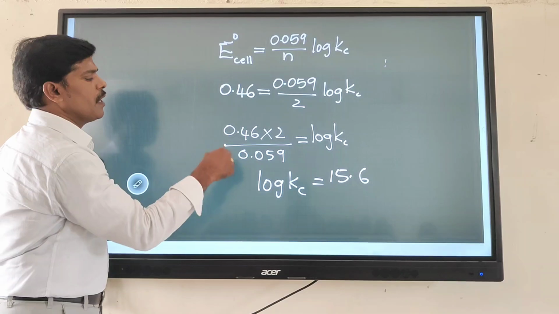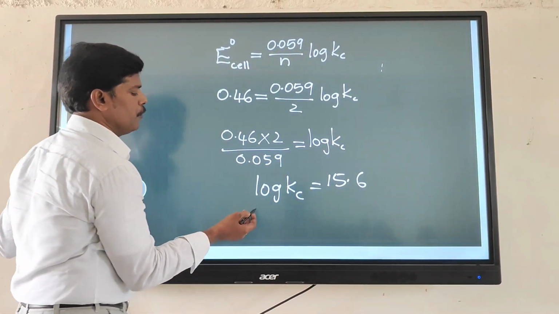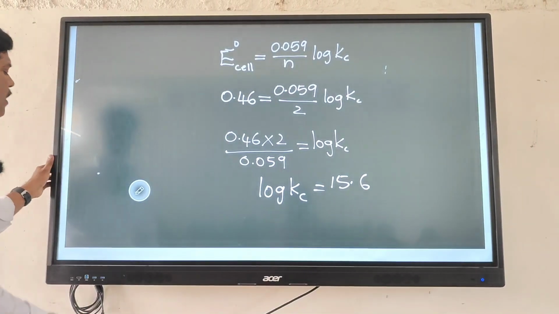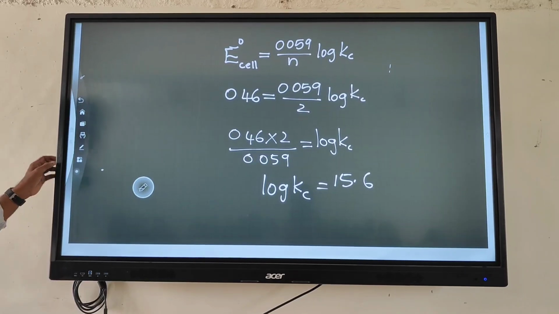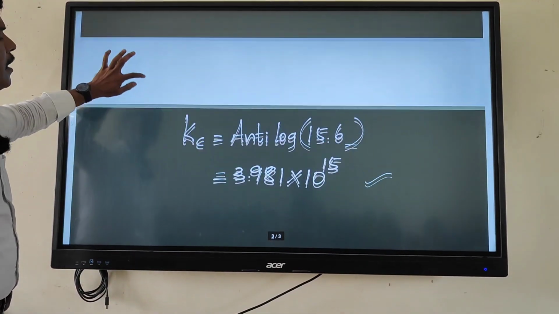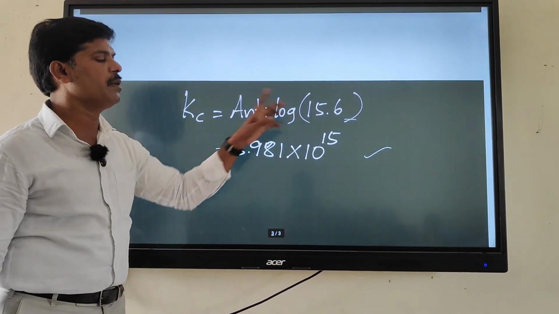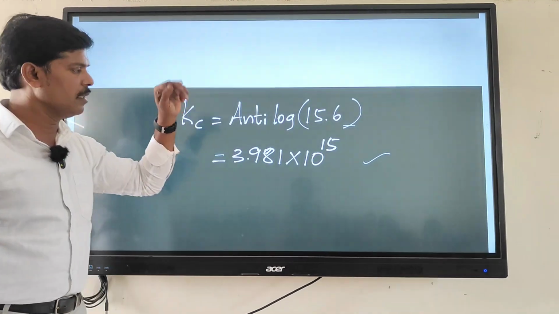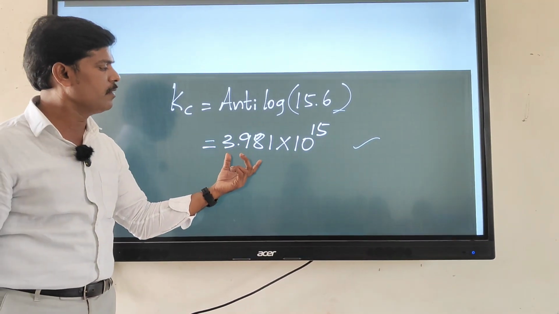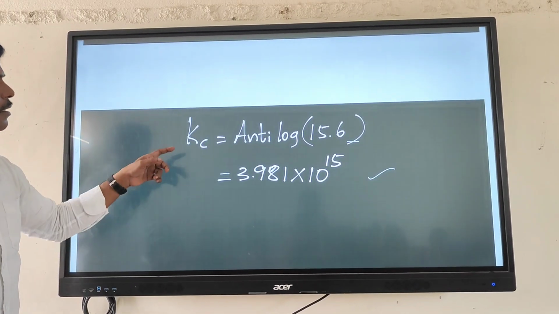If you calculate this fraction, we get 15.6. Therefore, log Kc is equal to 15.6. Next, Kc is equal to the antilog of 15.6. If you calculate from logarithm tables, we get 3.981 into 10 power 15. That is the Kc value.